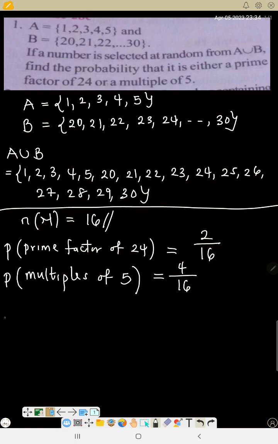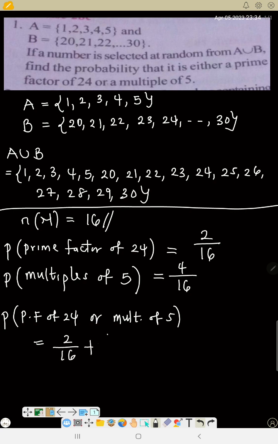Now the probability of prime factors of 24 or multiples of 5. Or means plus, so that will be 2 over 16 plus 4 over 16.